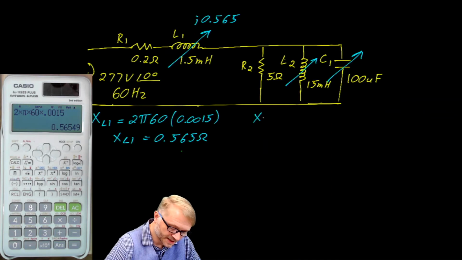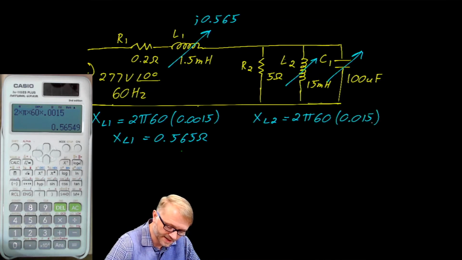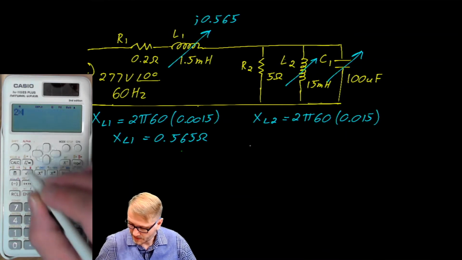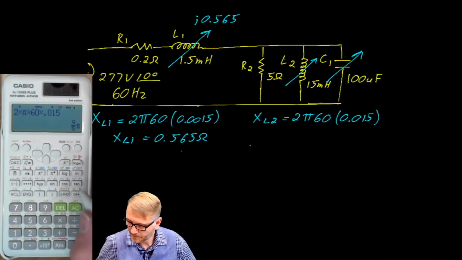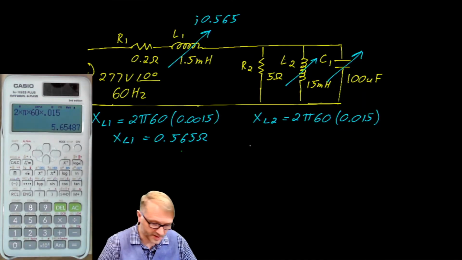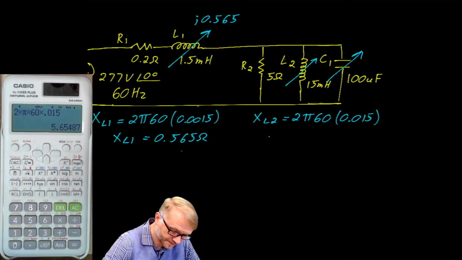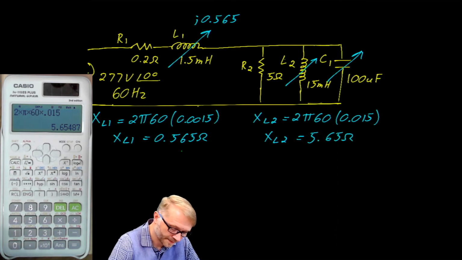The reactance of L2 is 2 pi f times 0.015, 2 times pi times 60 times 0.015, which gives us 5.65 ohms. So that goes right here as an impedance of j5.65.